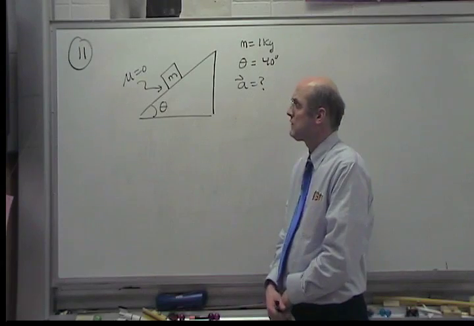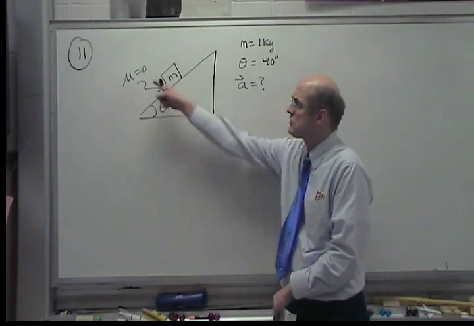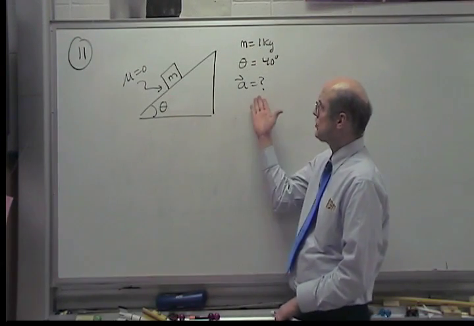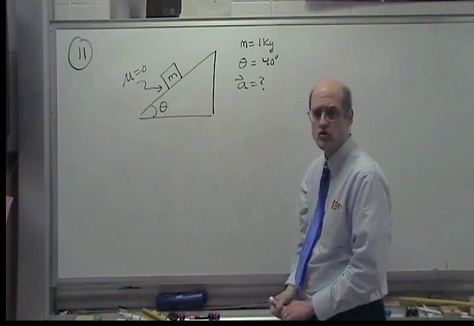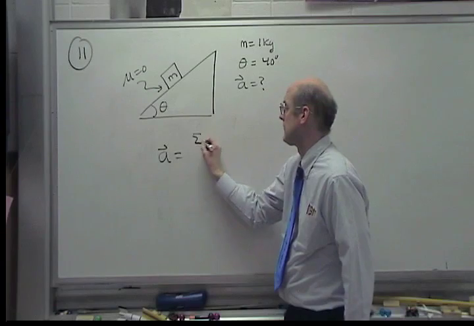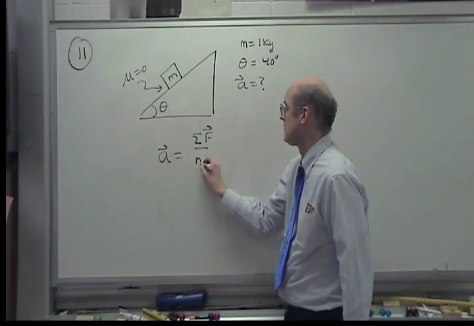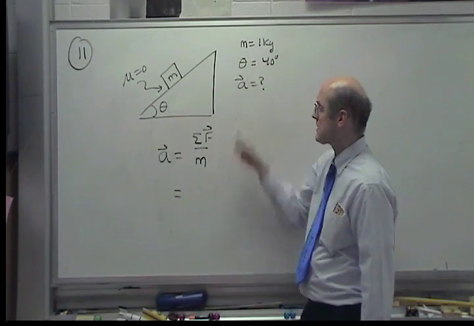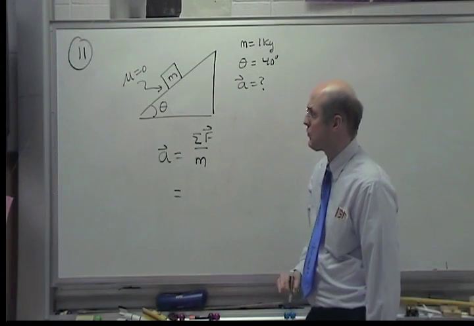This appears to be a fairly simple problem because there's no friction. Since we're looking for acceleration, I'm going to use Newton's second law. We know the mass is 1 kilogram. We need to figure out the net force.